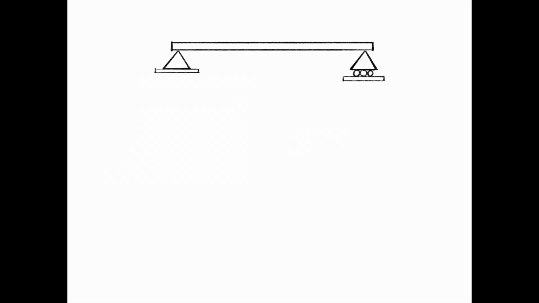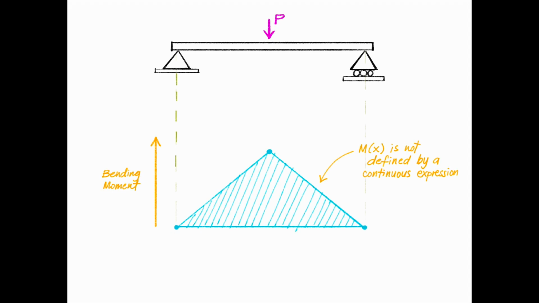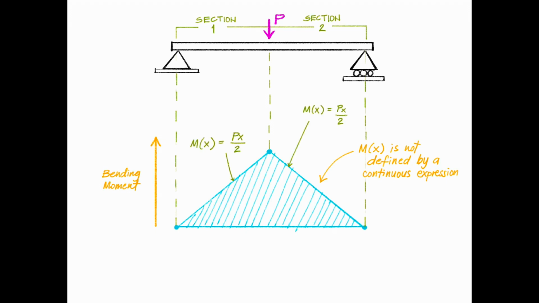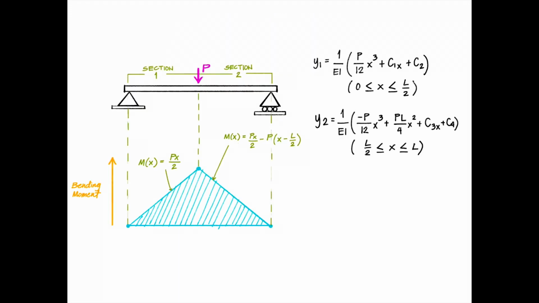The double integration method is straightforward, but even for simple configurations, the bending moment may not be expressed with a single equation along the entire beam length. In such cases, we need to divide the beam into sections and determine separate bending moment expressions for each. After applying the double integration method to each section, we will have several constants of integration.